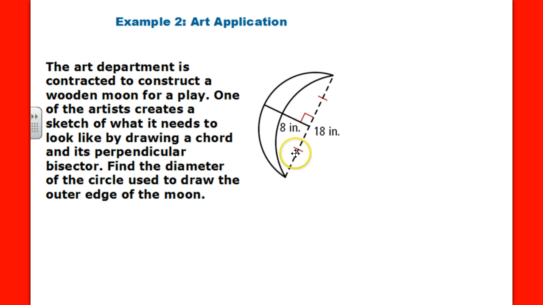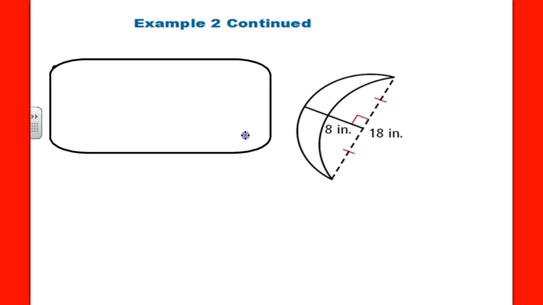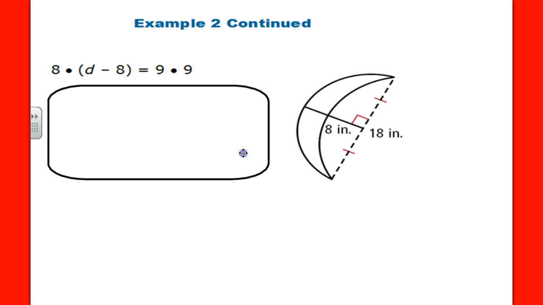Okay, so if you've already tried it, it looks like we'll have 9 times 9 equals 8 times the rest of this chord that would be here if we were to create the entire circle. So we have 9 times 9, and the rest of this chord is the whole diameter, subtract 8.